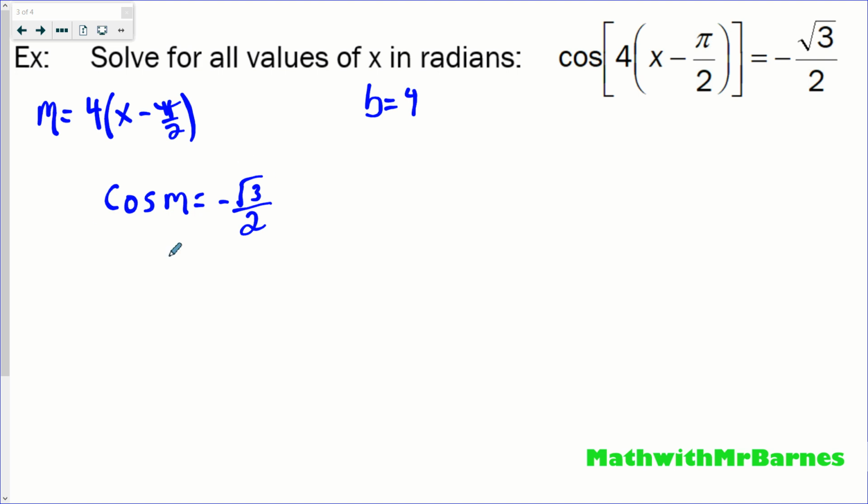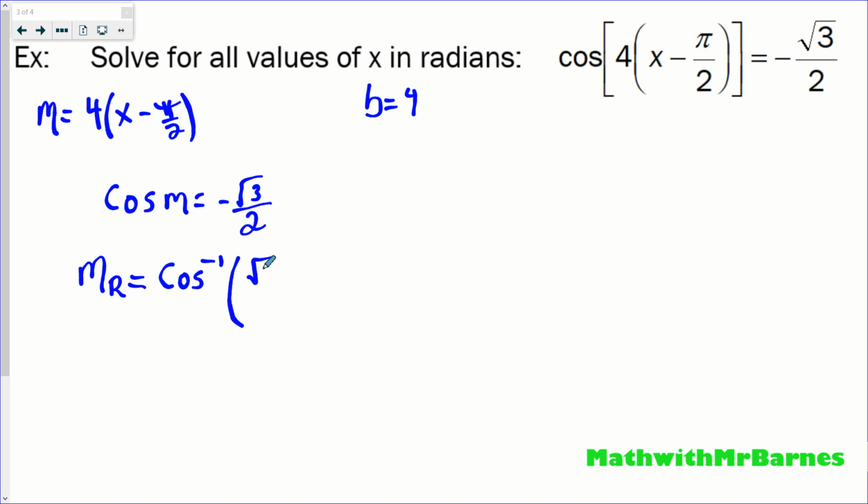The first thing we're going to do is find the reference angle for this, so we're going to have to use the inverse trigonometric function. Normally we might write theta r, but for this one I'm going to write m r, like the reference angle. It just happens to be m this time, and generally it always will be for this type if you use my lettering. So cos inverse.